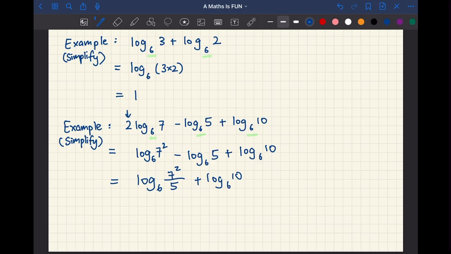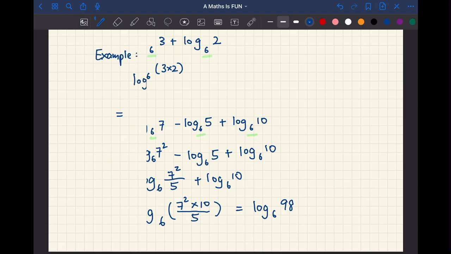And then going on from here, I can again combine this: log of 7 to the power of 2 times 10 over 5 base 6. And this simply will give us 98 inside. So this is log of 98 base 6.